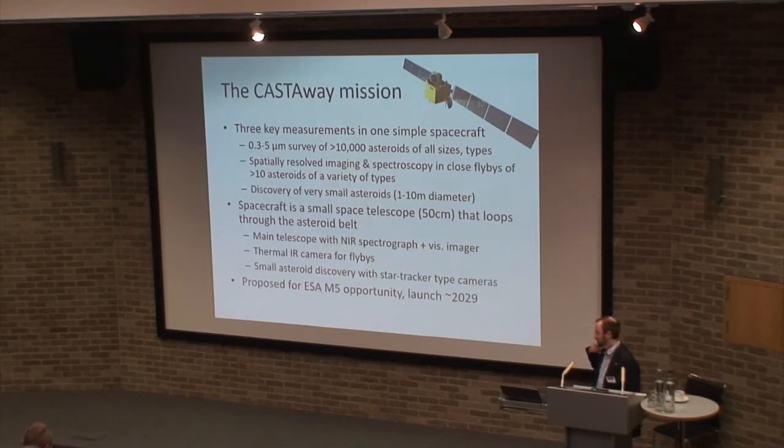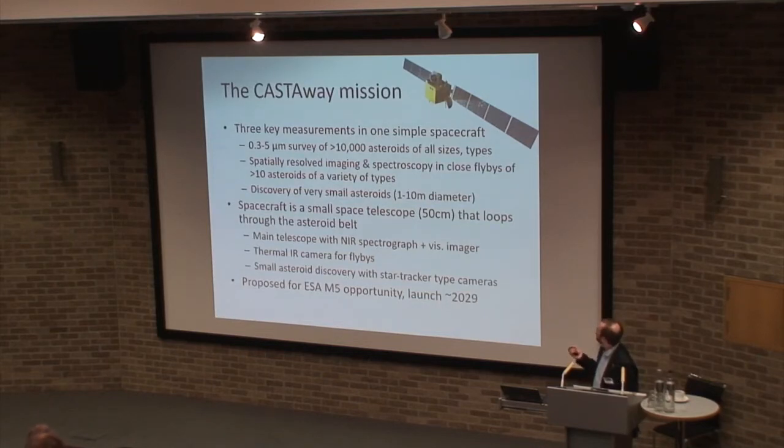So really orders of magnitude more objects, all the way out to the interesting wavelengths, and it really maps the asteroid belt. It also goes to the asteroid belt and has close flybys with a number of objects, so you can actually get resolved spectra across surfaces as well as point source spectra of tens of thousands. And it also allows us to discover small asteroids while we're there.